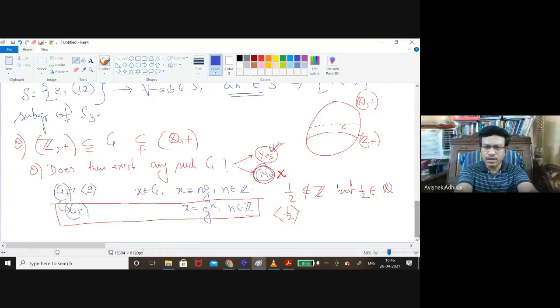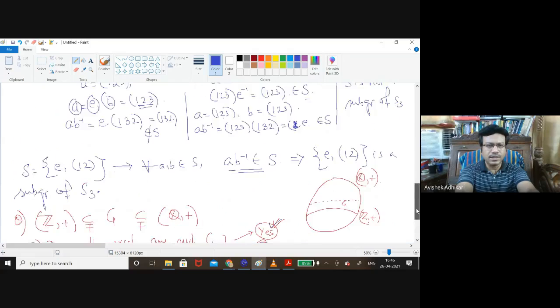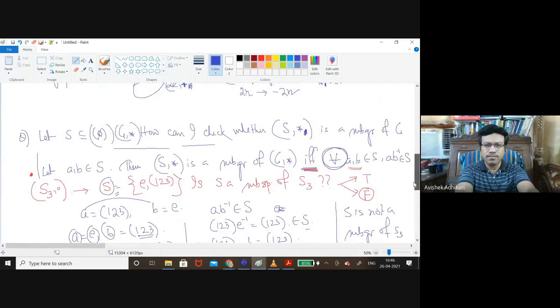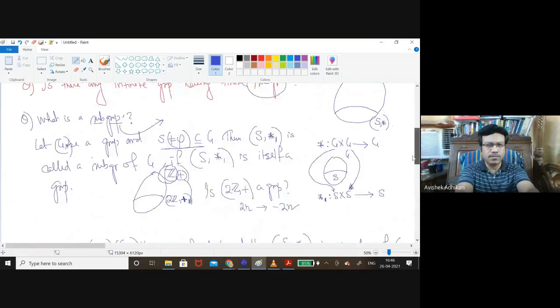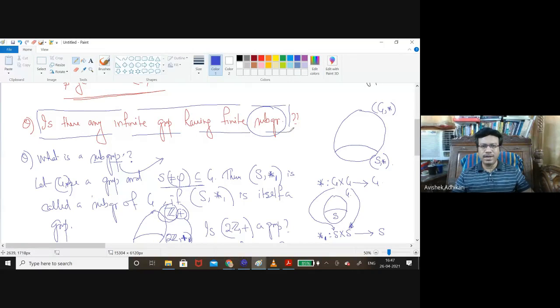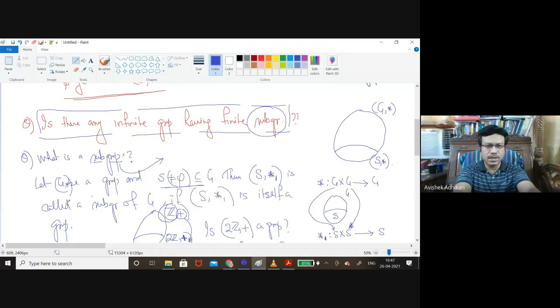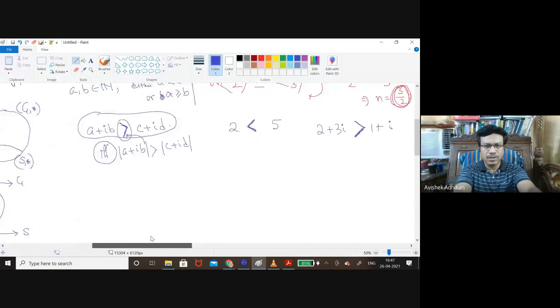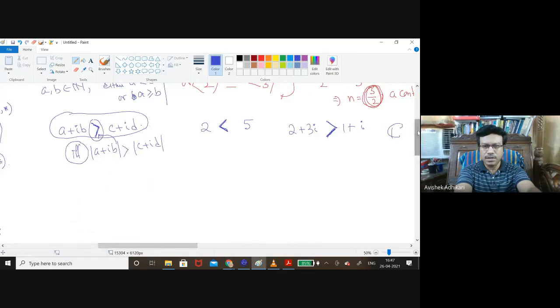Now before that, the question from where I started: is there any infinite group having a finite subgroup? So just have a look at this question. Is there any infinite group having a finite subgroup? I'm just restating this statement.